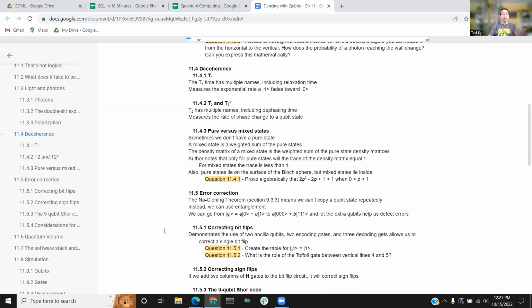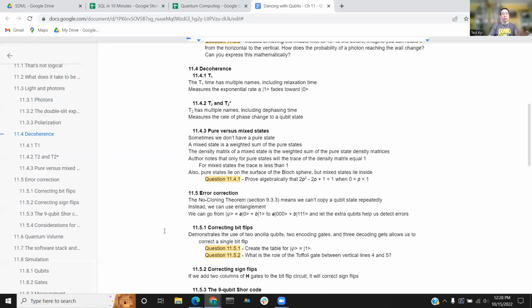And so this time T sub 1 measures sort of like the half-life time of the amplitude decay from Ket 1 towards Ket 0. And there's more in the chapter about how you would actually, like, he did pseudocode for how you do the experiment to measure this and things like that.